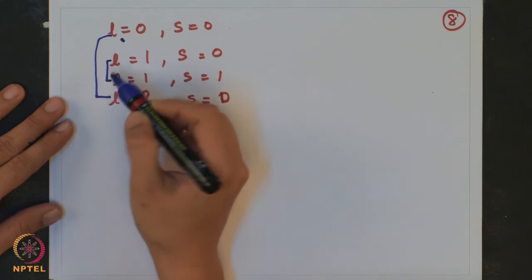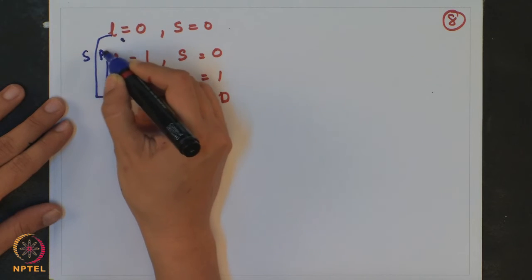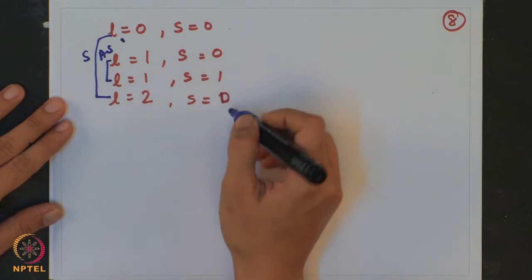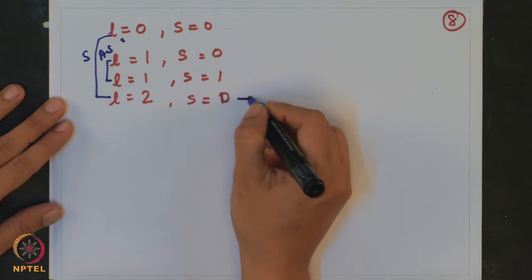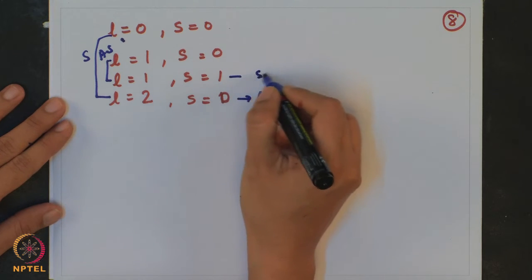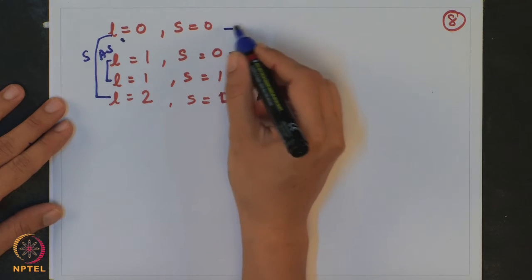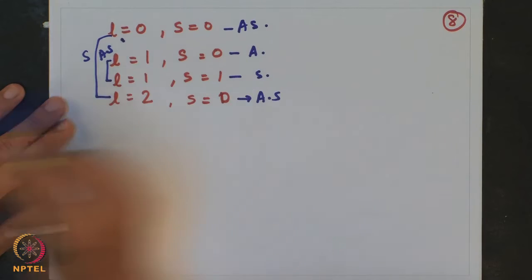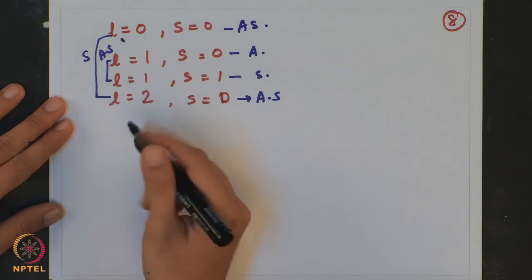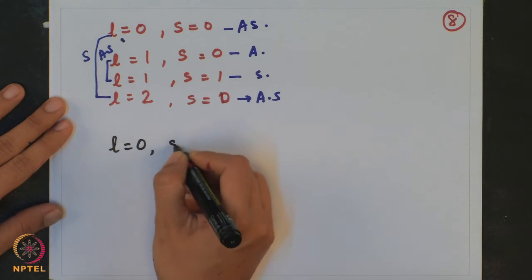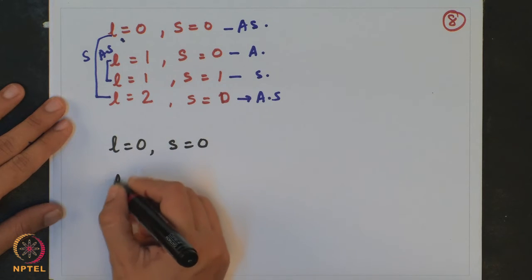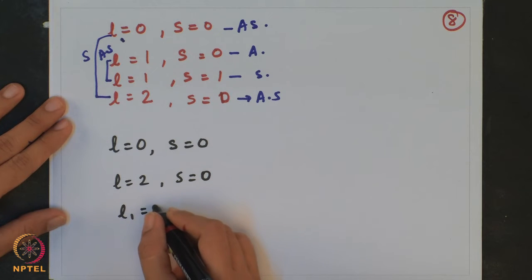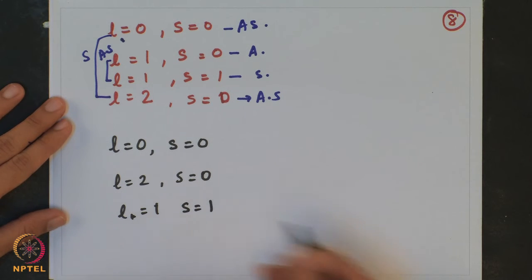Similarly, S is equal to 0 will give an antisymmetric combination and S is equal to 1 a symmetric one. So, from these you have to choose the combinations which are allowed. L is equal to 0, S is equal to 0 will be allowed, L is equal to 2, S is equal to 0 will be allowed, and L is equal to 1, S is equal to 1 will be allowed.